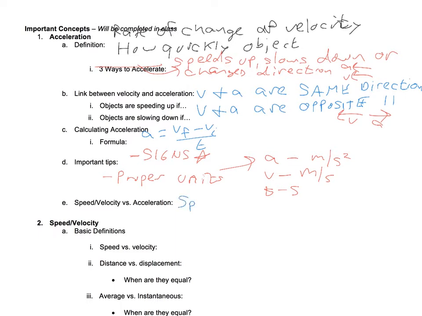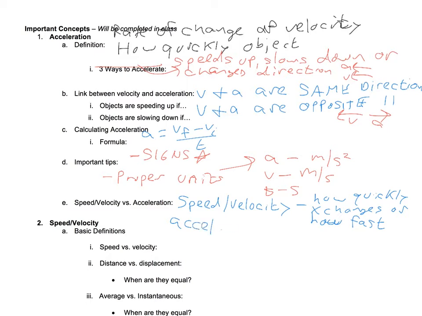So keep in mind that speed and velocity, we're really thinking about how quickly position changes, or how fast we are going. That's what speed and velocity really answer. If we're talking about acceleration, okay, it's how quickly velocity changes.